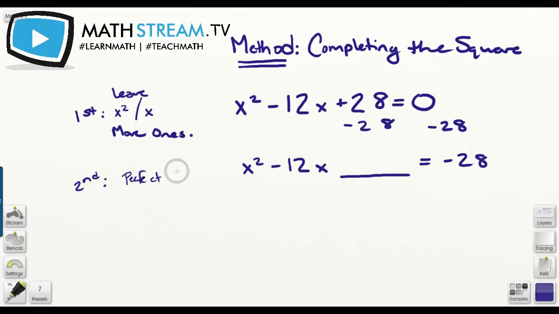So we need to, I'll just draw perfect square. We need to think about the shape. We have our x squared here, and we have 12 negative x's, and we want to make it a square-shaped box.